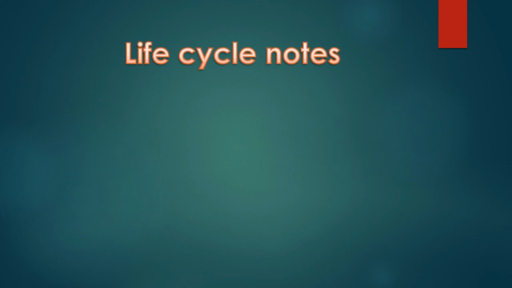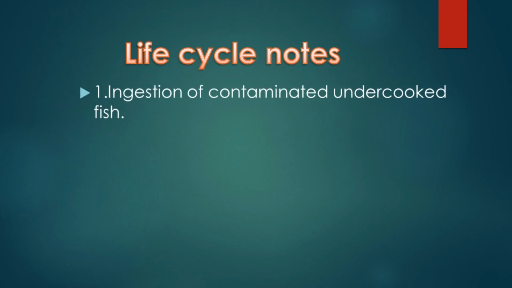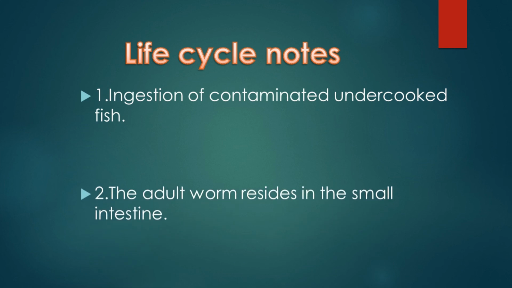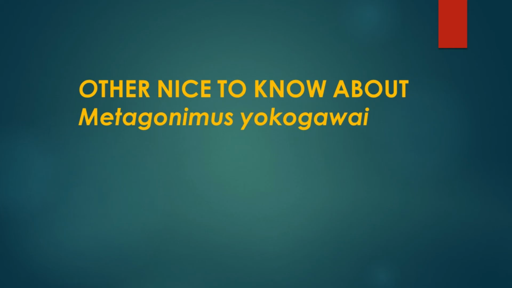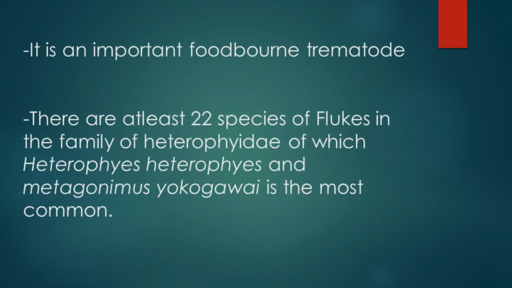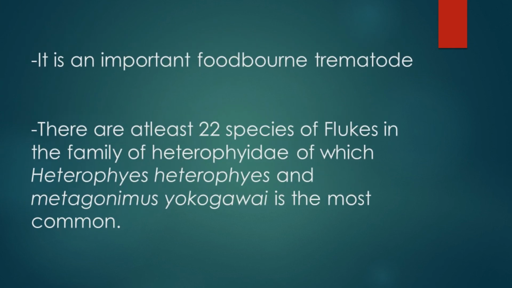Life cycle notes: ingestion of contaminated undercooked fish. The adult worm resides in the small intestine. Other nice to know facts about Metagonimus yokogawai: aside from being the smallest human fluke, it is an important foodborne trematode.